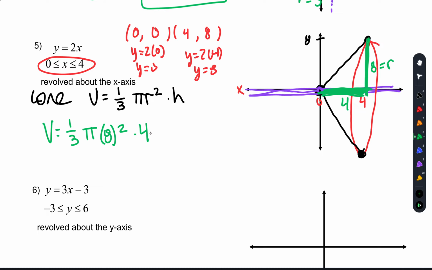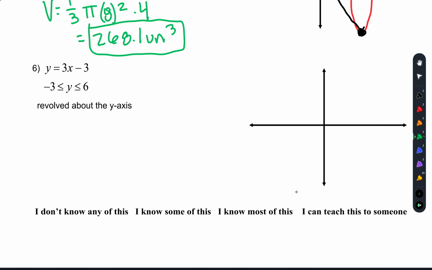Let's see, 64 times 4 is 256, divided by 3 doesn't come out to a nice number. So let's do 256 times pi divided by 3, which gets me 268.1 units cubed. Any questions so far? We're going to do one more and then I promise we will move on.